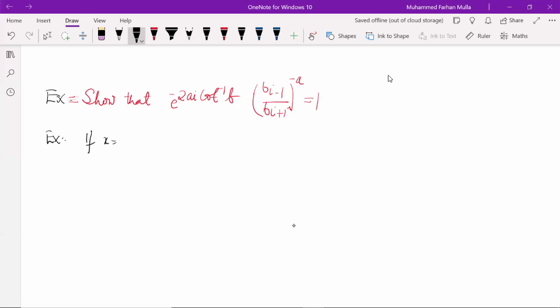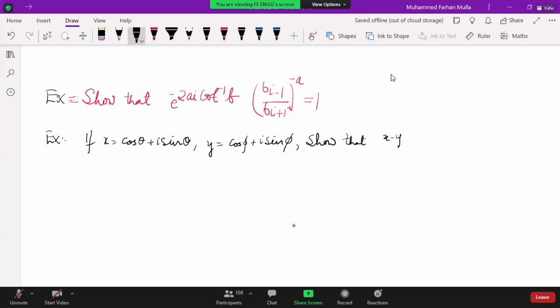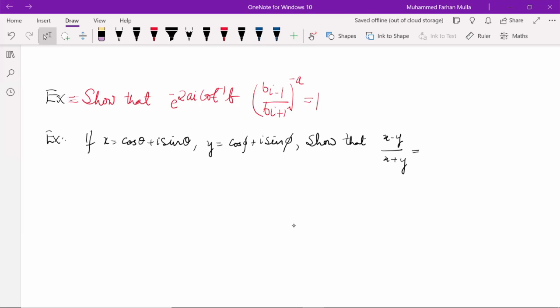If x equal to cos theta plus i sin theta and y equal to cos phi plus i sin phi, then show that (x minus y) upon (x plus y) equal to i tan((theta minus phi) by 2).